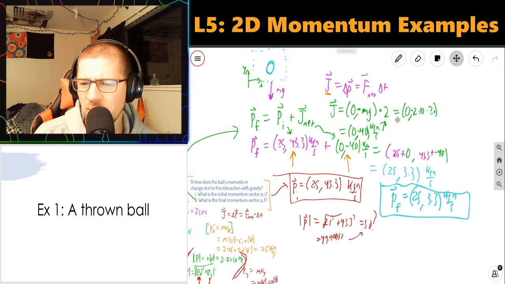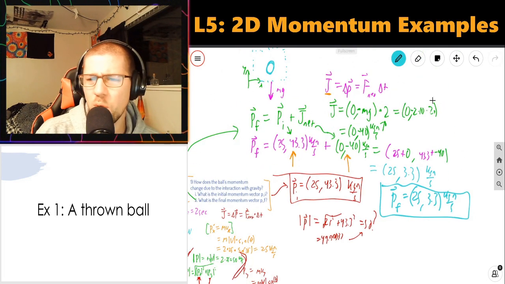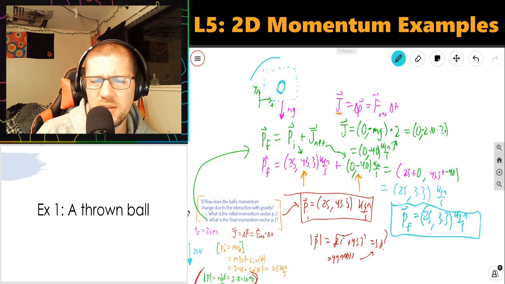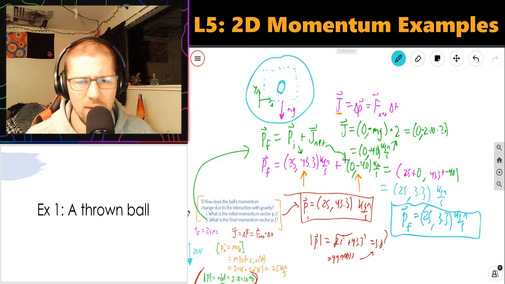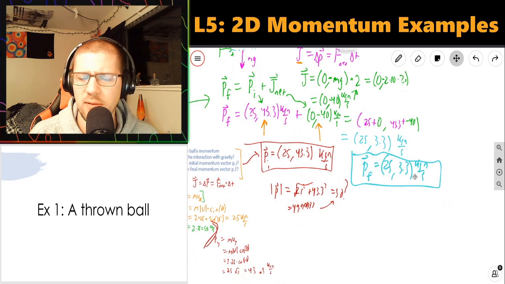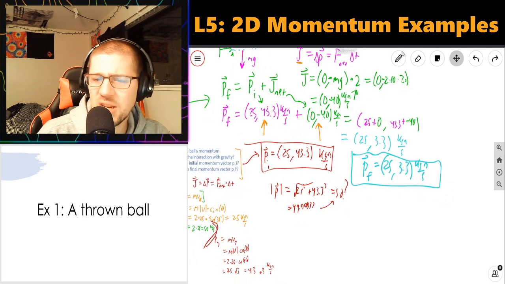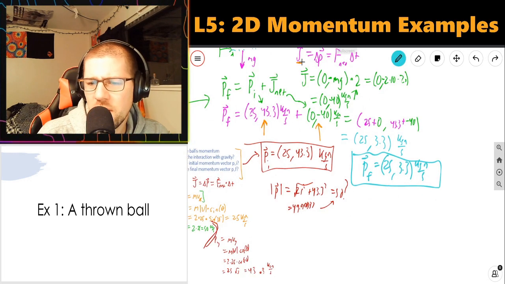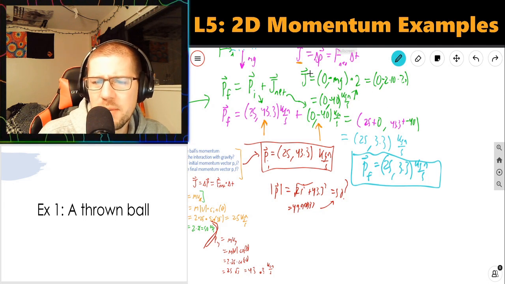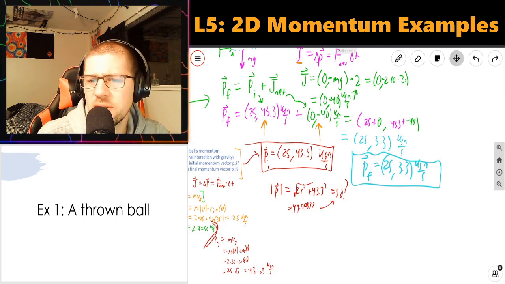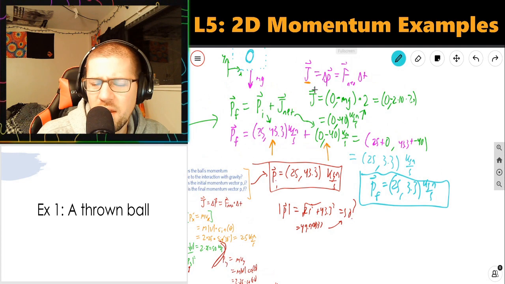Why is this possible? Because I've got a net external force acting on my system. It's an open system in that sense. It's got this gravitational force acting on it from the outside. The change in momentum I found along the way by applying force times change in time. That gets me my impulse, which is the same as change in momentum.